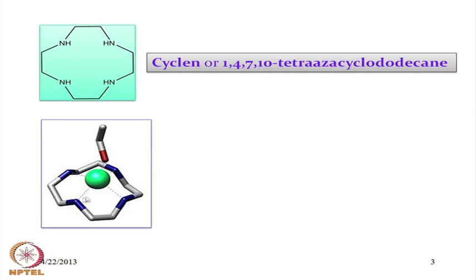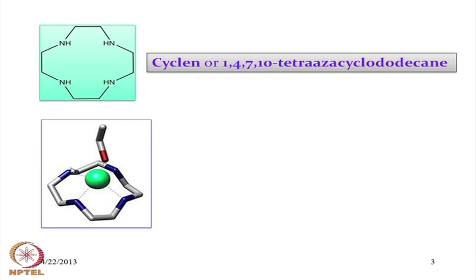So, when we look at how this particular geometry can bind, because these are all saturated CH2 groups, those are all tetrahedral carbons. When tetrahedral carbon is used to bind a metal center, this entire ring basically cannot be a planar one, but is a puckered one, where we see the 4 nitrogen atoms, these NH groups, this is the first nitrogen, this is second, this is third and the fourth one.